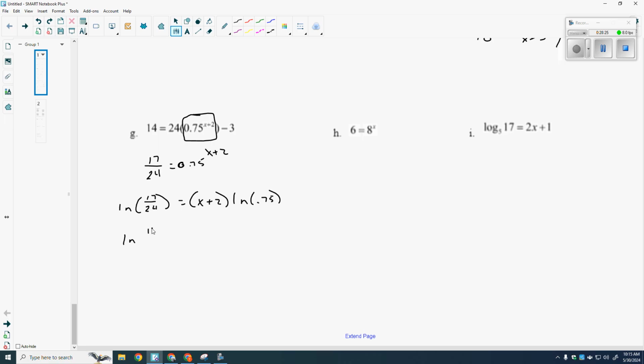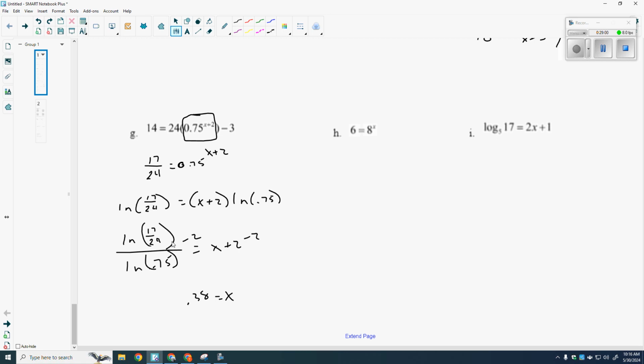So ln of 17 over 24 divided by the ln of 0.75 equals x plus 2. Work all this out. Subtract 2. Final answer is 0.38. Type this in, divided by this. When you're done, subtract 2, and you should get 0.38.